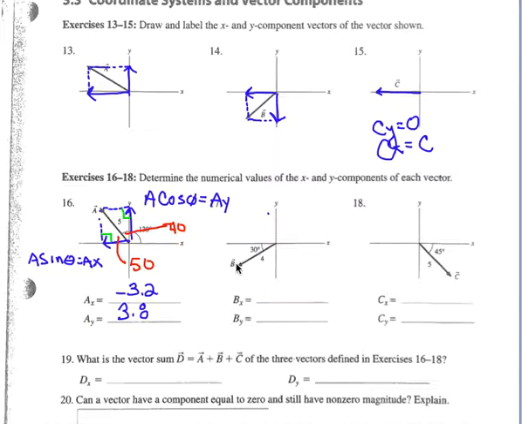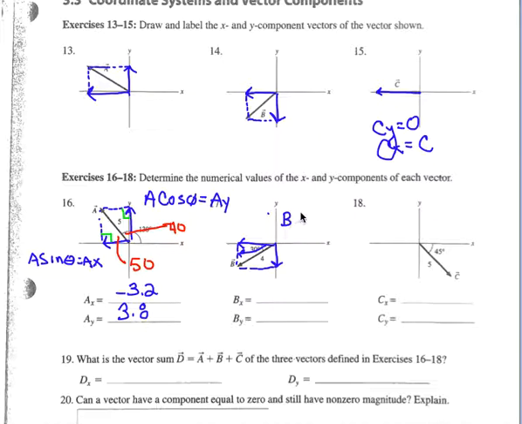Okay, and again, we're just given an angle and we're given a magnitude of a vector. So we can find the magnitudes of these x and y components and any missing angles if we want to. So again, we use our 30-degree angle here to find the opposite side of that angle, or our y component.